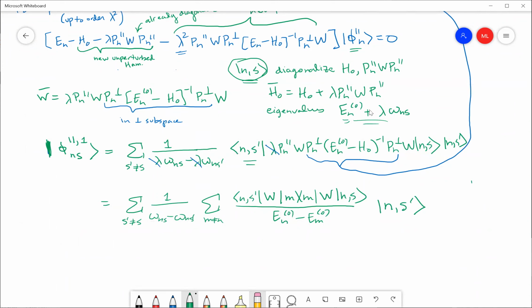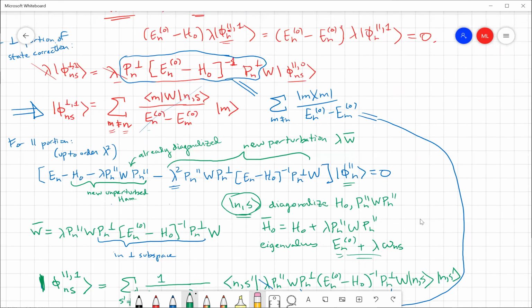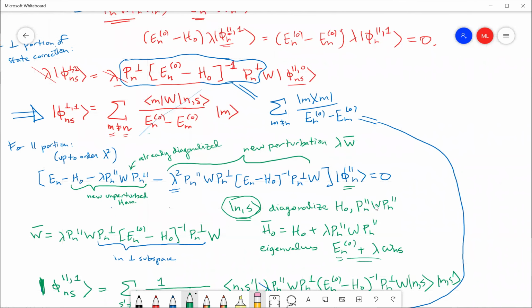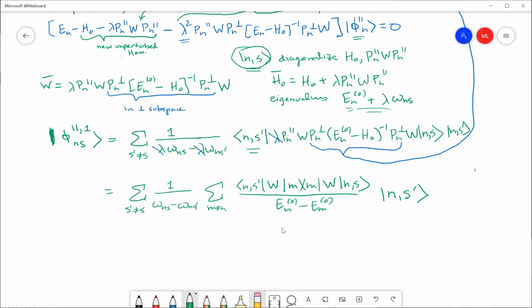Of course, this part of the eigenvalue drops out, and you just have a difference between these W's. The rest of it is the matrix elements of the new perturbation, and we can rewrite these matrix elements by plugging in what this operator is, which I already calculated up here. So that's what's going on.